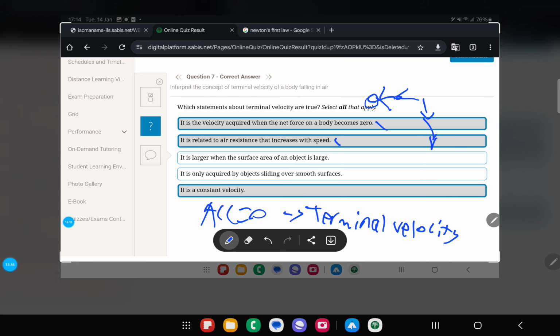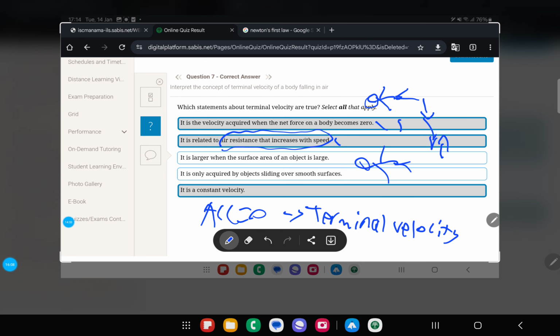If there's no force, they would be accelerating endlessly. But since there is a force acting on the skydiver, one of the forces is air resistance. This air resistance is opposite to the acceleration, so it defies it. So that's why he slows down until he reaches terminal velocity, which is the same speed. So it is related to air resistance that increases with speed. Like I said before, when speed increases, air resistance increases.